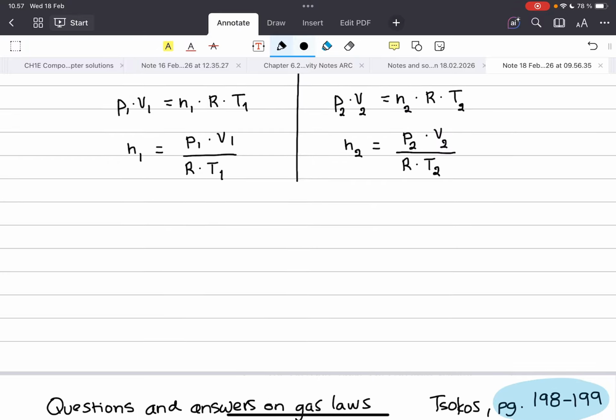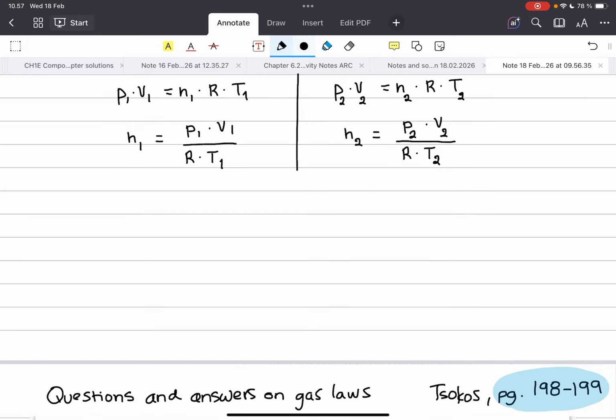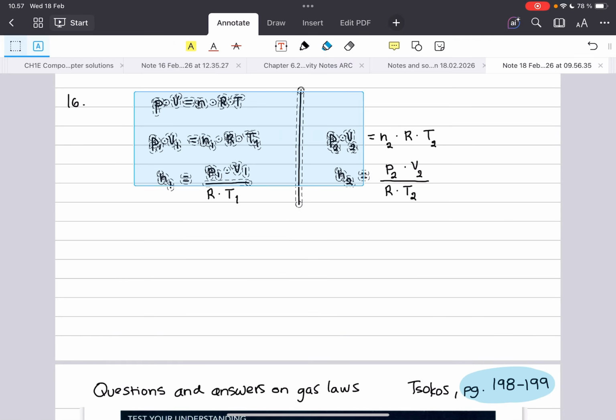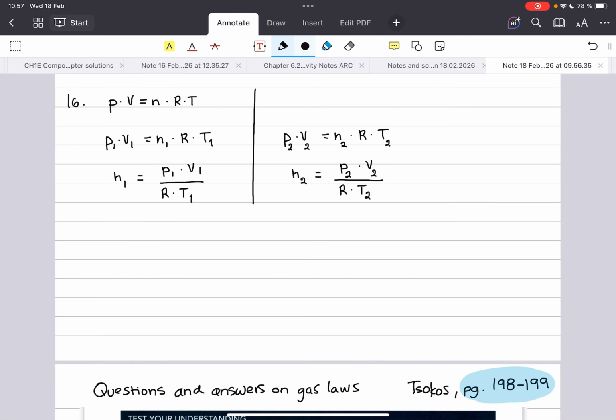So when you combine the two containers in the end, they will now have N1 plus N2 number of molecules, right? And the volumes will be added.